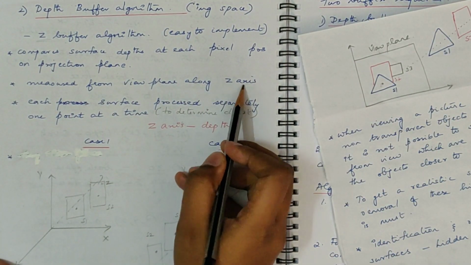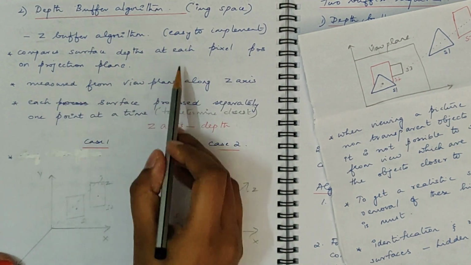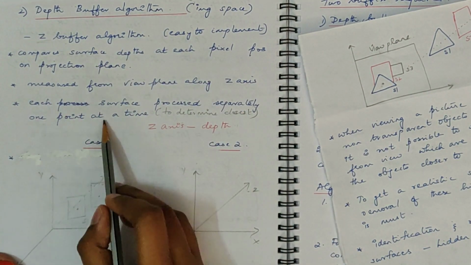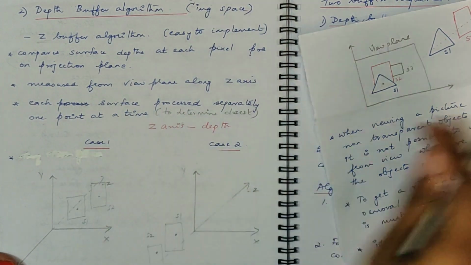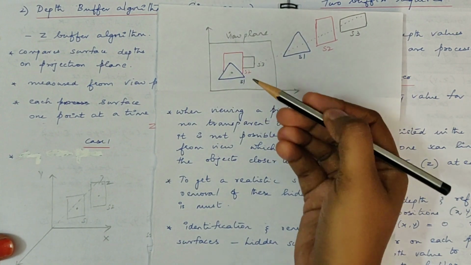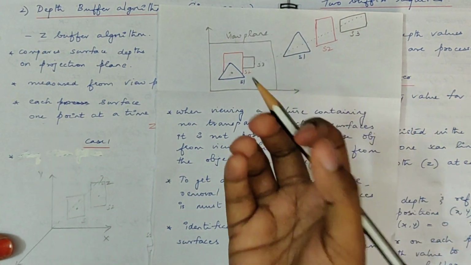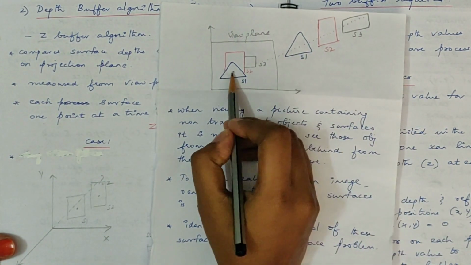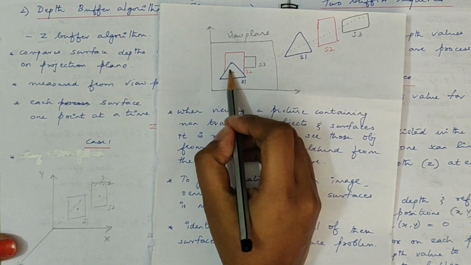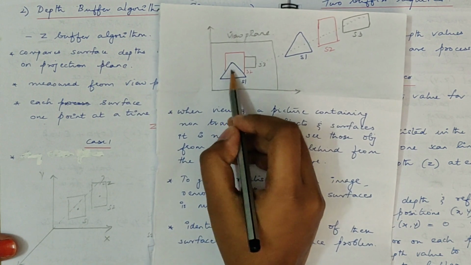That is very important. After calculating this depth, each surface is processed separately, one point at a time. Whichever is closer to the view plane, that depth will be stored, and the intensity of that surface at that pixel position will also be stored.